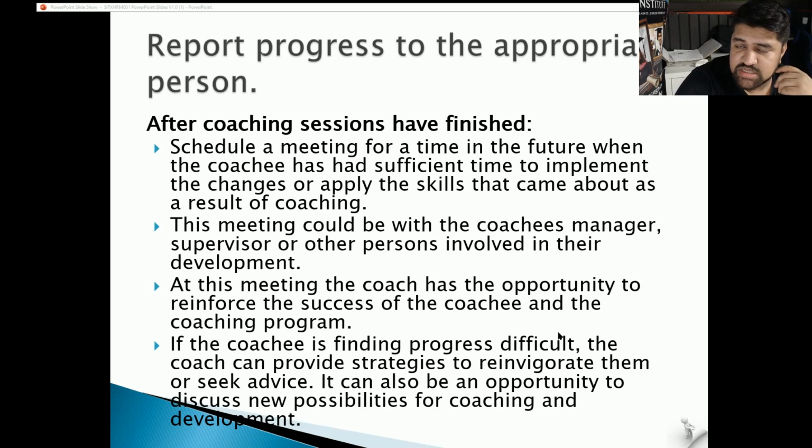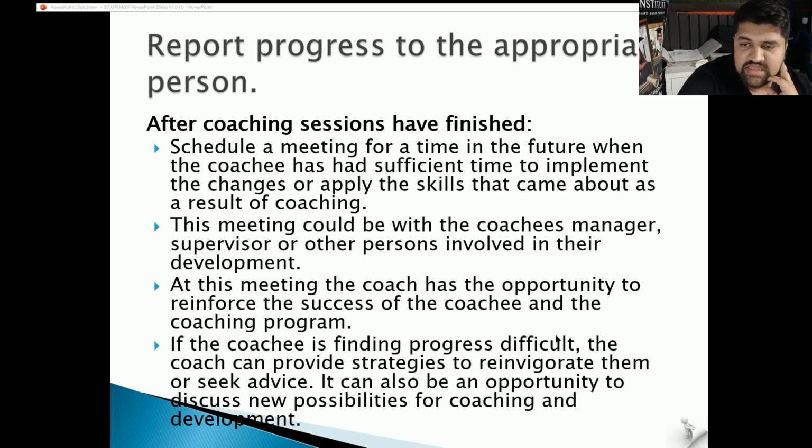After coaching sessions have finished, schedule a meeting for a time in the future when the coachee has had sufficient time to implement the changes or apply the skills that came about as a result of the coaching. This meeting could be with the coachee's manager, supervisor, or other persons involved in their development.